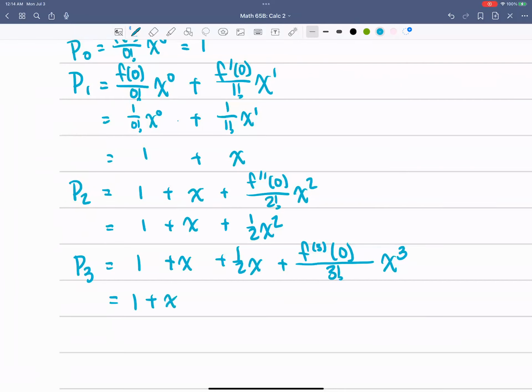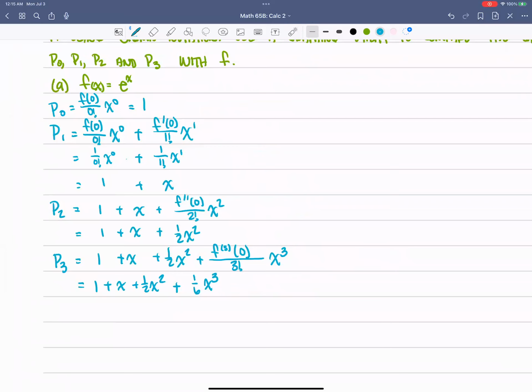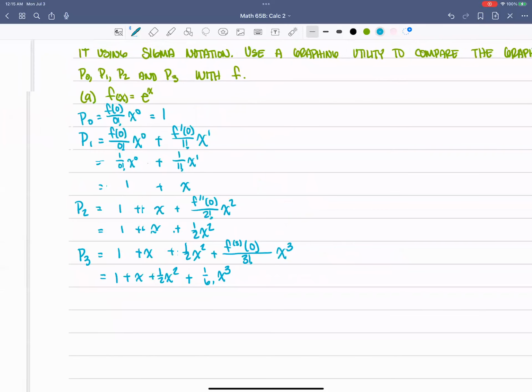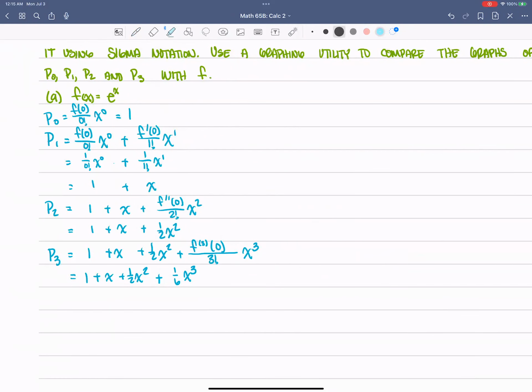So 1 plus x plus 1 over 2 x squared, plus 1 over 6 x cubed. And that's it there. So those are the 4 polynomials that they wanted us to find. And P1 is this, P2 is this, P3 is this.